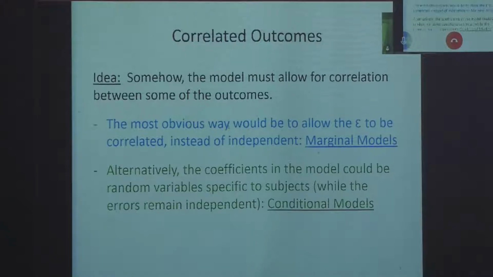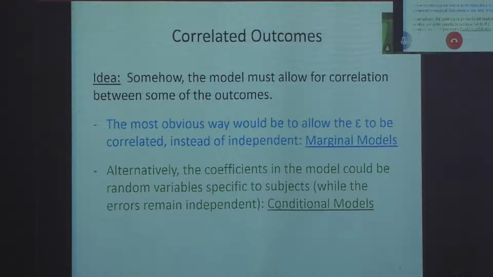And so we'll start and spend more effort, more attention on marginal models. But eventually, you'll see that the approach breaks into these 2. And again, when you say in your method section, we use software that allowed for correlated measurements, you should qualify that with we used a marginal model or we used a conditional model.